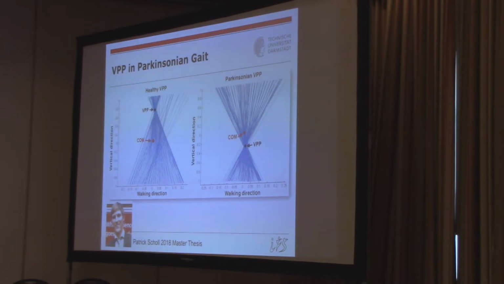This is a master study of my students, and we compare the ground reaction forces in healthy subjects, this is for walking, and Parkinsonian gait. In Parkinsonian gait, you see that the ground reaction forces are intersecting below the center of mass, which says that it cannot be modeled by a pendulum, but by an inverted pendulum. Is this healthy VPP of people of the same age and same walking speed, etc.? No, they are not from the same age, but why does it matter?